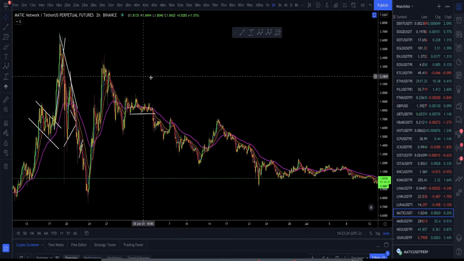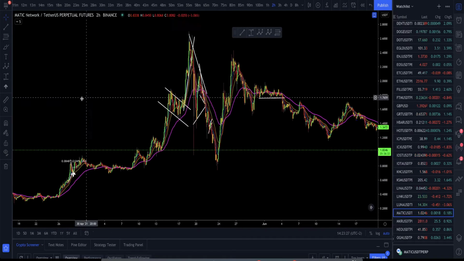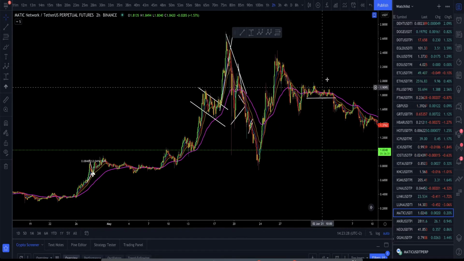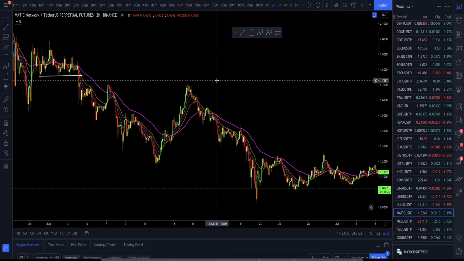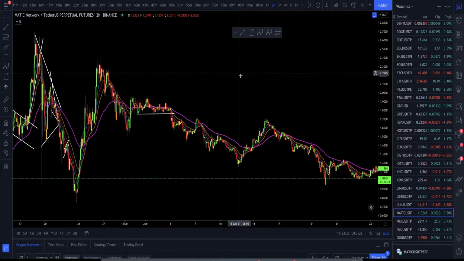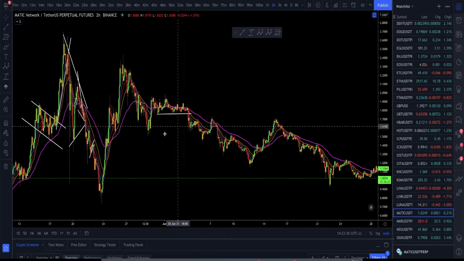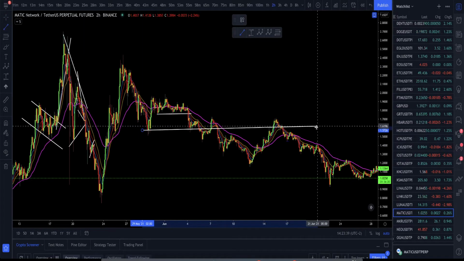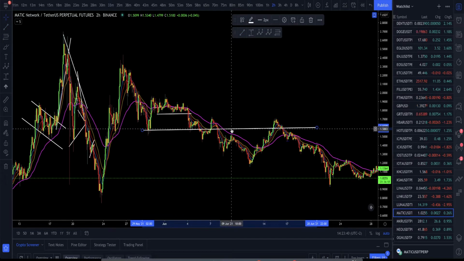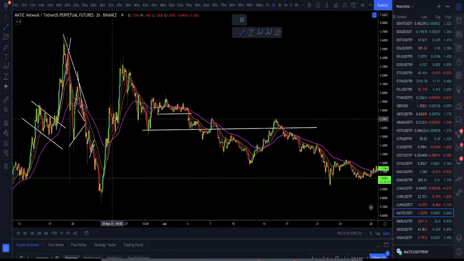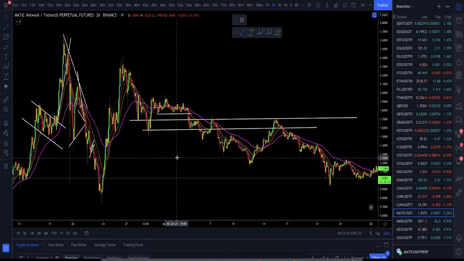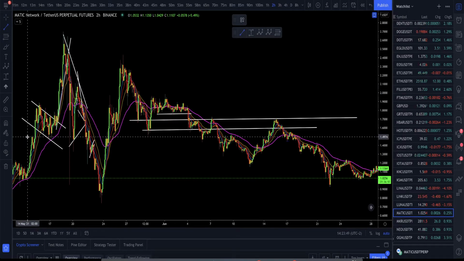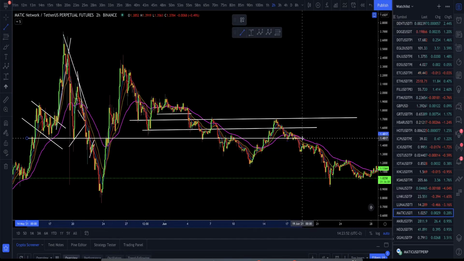So let's go and see some momentum, see how to use the trend line again, right? Let's go here. You can see the key support levels are here, and here, and here.